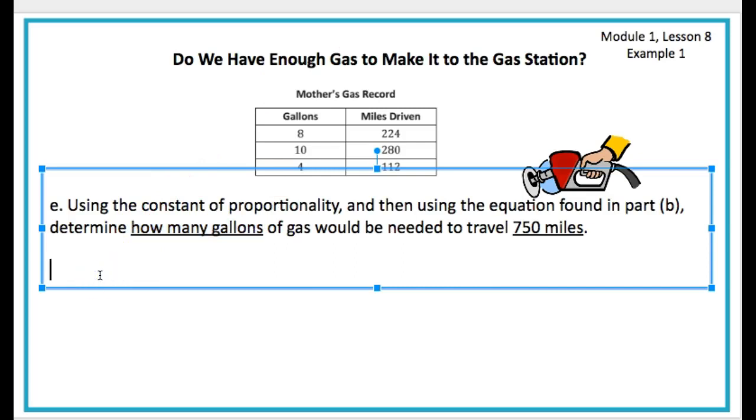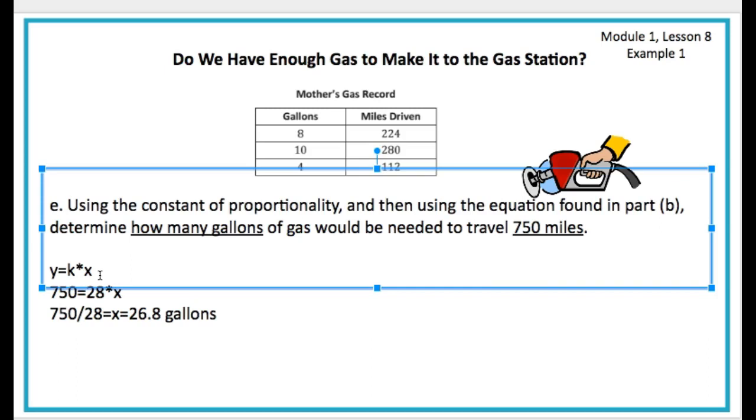So we know our two equations, y equals k times x. Substituting, we know we're looking for y, in this case miles driven, 750 equals 28 times x. Divide both sides by 28 in order to get x by itself. 750 divided by 28 equals x, which also equals 26.8 gallons.